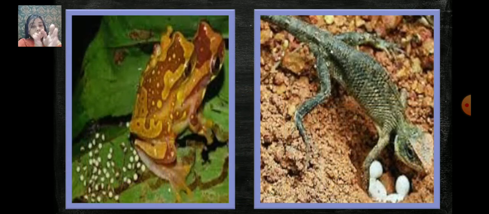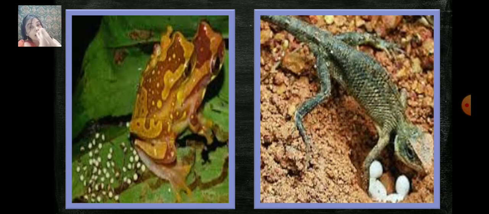So the animals which do not have ears, they lay eggs. And animals which have ears, they give birth to the babies. So this is the clue to remember.